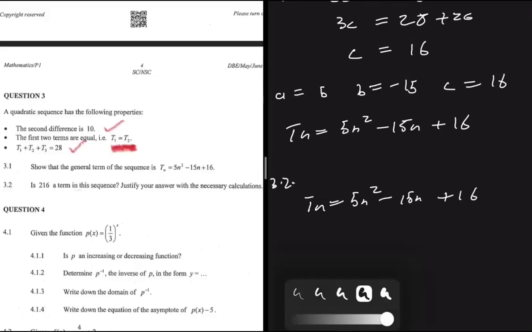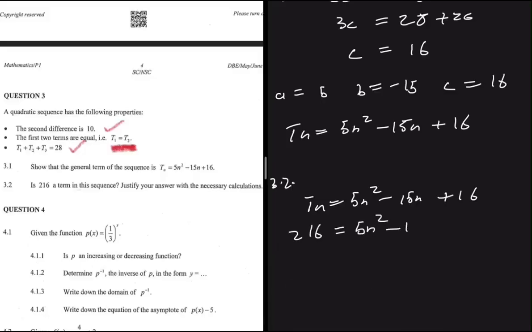In place of Tn, we're going to put 216. This will be equal to 5n squared minus 15n plus 16. If we can solve here and get a value of n which is a whole number, then 216 is a term in this sequence.